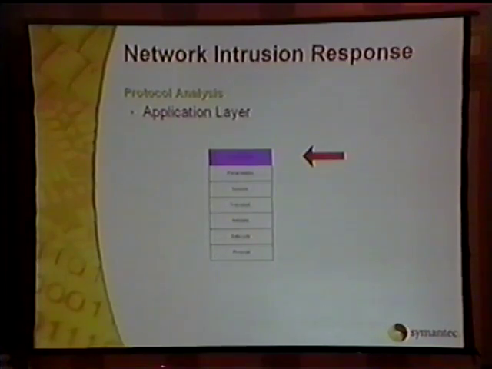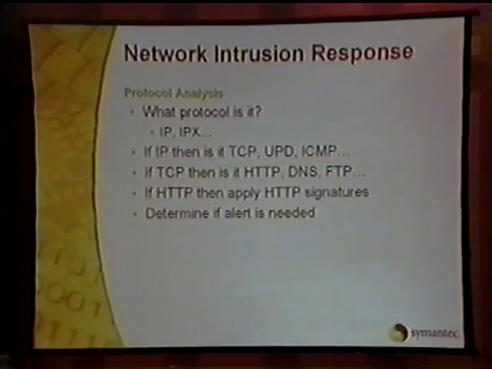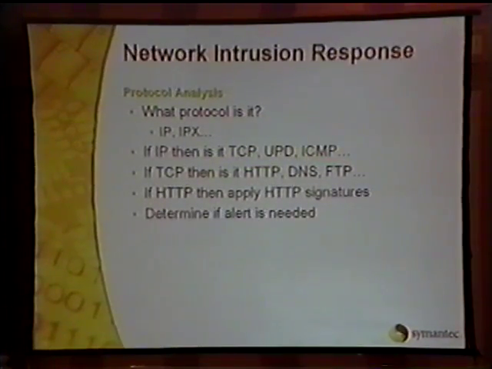One of the ways that we can detect this, and I want to harp on IDS vendors a little bit, is by using what we call protocol analysis. Protocol analysis basically looks at the application layer. What protocol analysis does is it breaks down the packets into manageable parts for speed.